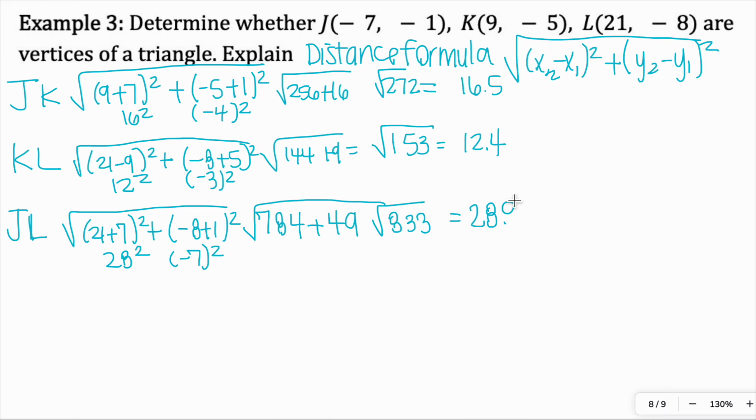So really, I need to take my two smallest sides to see if the sum is going to be greater than the third side. So 16.5 plus 12.4 needs to be greater than 28.9. And when I add these together, I'm getting exactly 28.9.